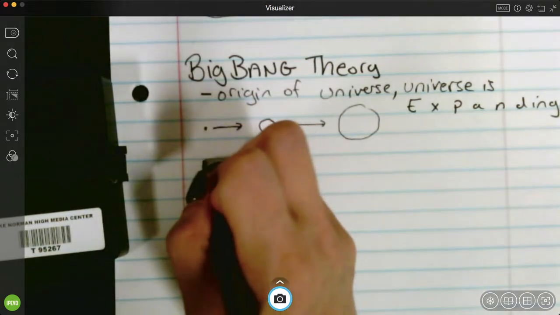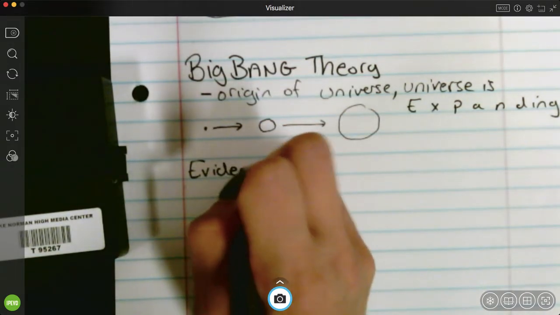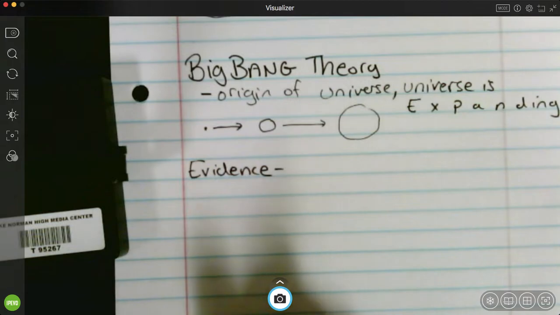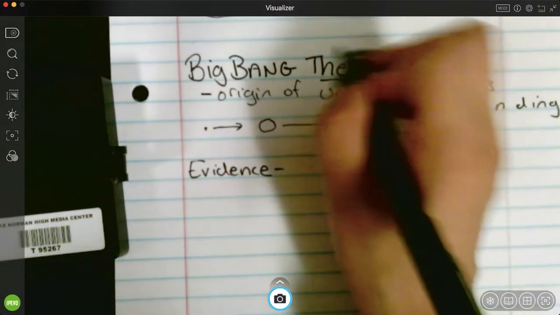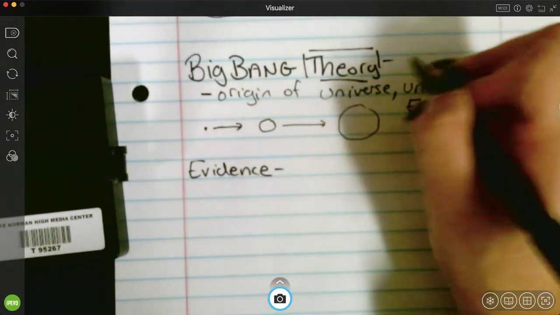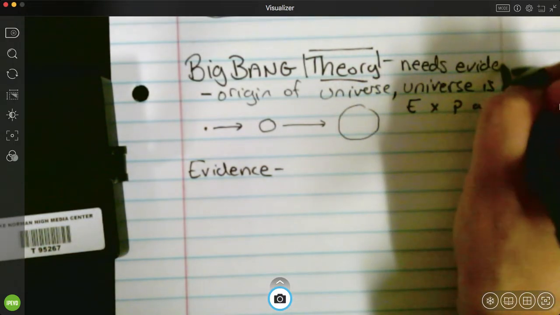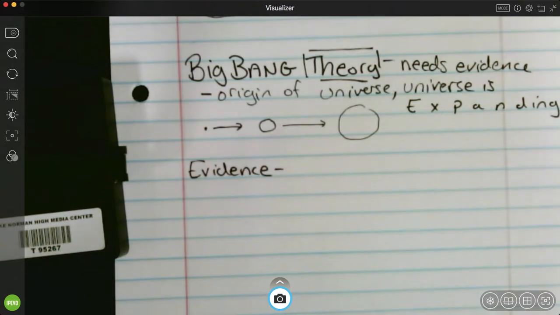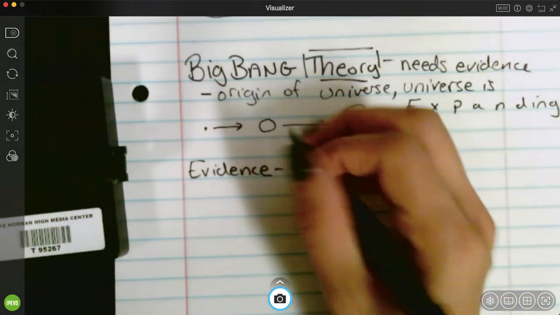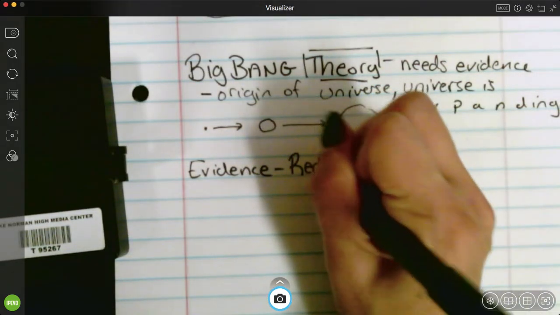Now, the evidence for Big Bang, because remember, a theory in science needs evidence. All right, the evidence for the Big Bang Theory is this thing called redshift.